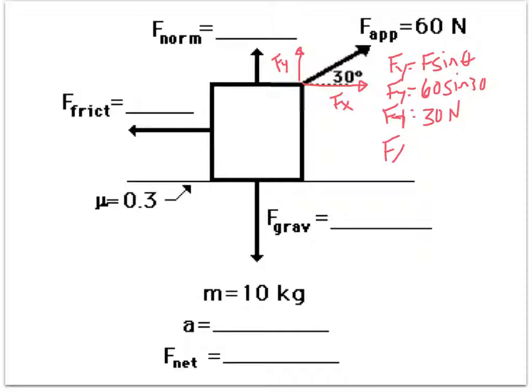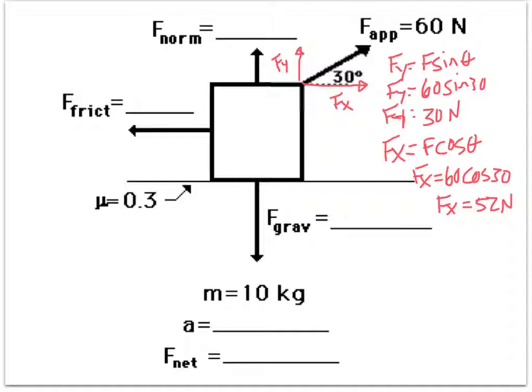My Fx is equal to F cosine theta. So Fx equals 60 cosine 30 degrees, so Fx equals 52 newtons. So I have components for these now.